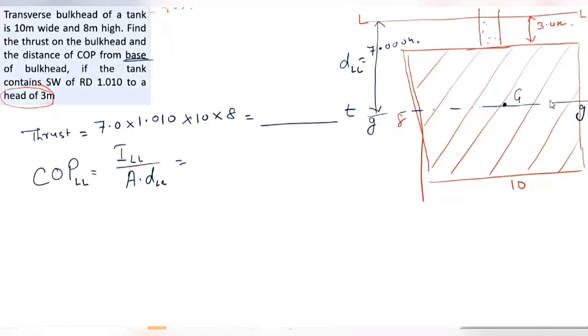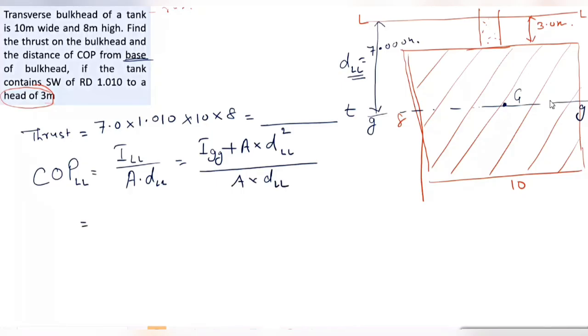So my formula, I apply theorem of parallel axis for ILL, which will be equal to IGG plus A into D. Now, what is the D between the two parallel axes? That is DLL squared, divided by A into DLL. Now, is GG a standard axis?